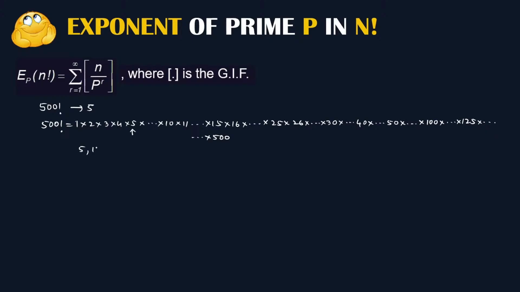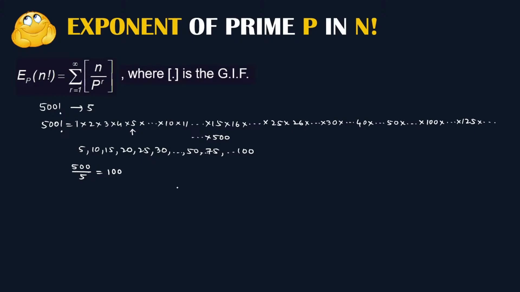It can be 5, 10, 15, 20, 25, 30, and this thing goes on, like 50, then 75, then 100, and so on. So how many multiples of 5 are there? I want to find out. How will I find out? Simply by dividing 500 by 5. So you will say that there will be 100 such multiples of 5 in factorial 500.